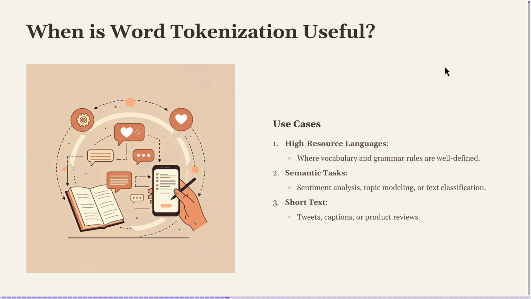It's pretty much useful because every word will capture the semantics. Also topic modeling, text classification, or short text like tweets, captions, and product reviews. So in summary, if the vocabulary can be contained and is not large, in this case we can use word level tokenization.